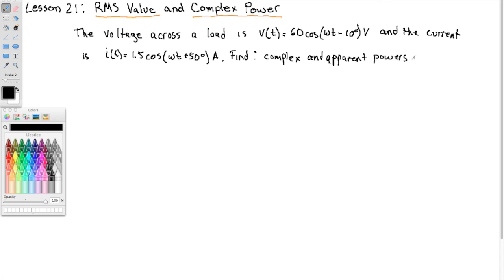Okay, the real and reactive power, and the power factor. Okay, so we're going to find all of these based on just the voltage and the current measurements.